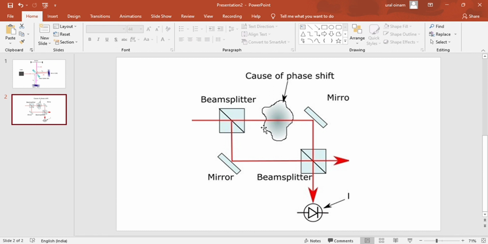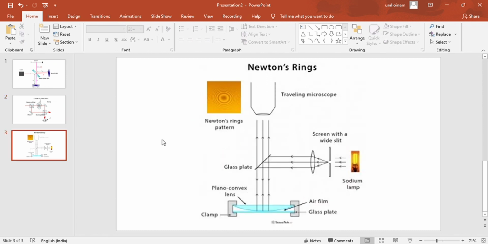In the sample path we may introduce a glass slab or some other sample to introduce a phase difference. And after that, the two beams traveling in the reference and sample paths recombine, and then we have the interference pattern. And the third one will be the Newton's ring.